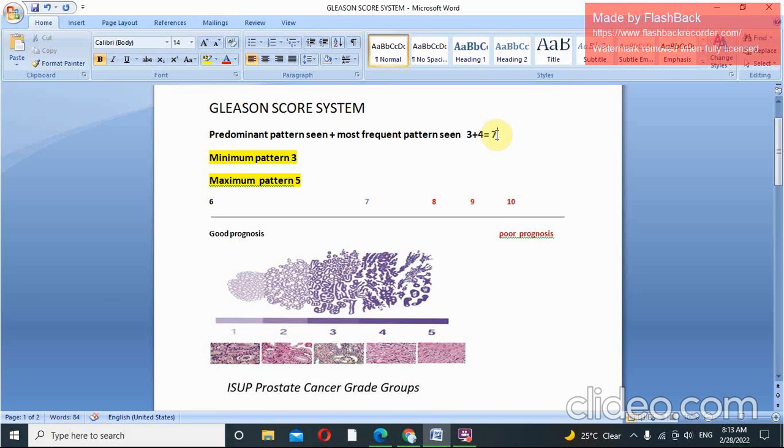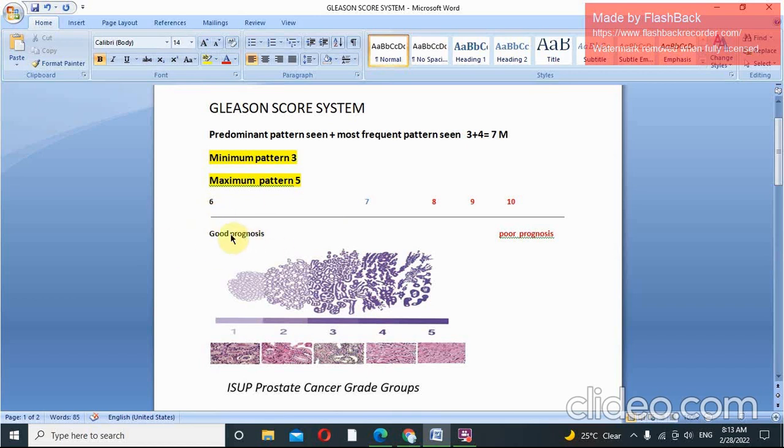So if the Gleason score is 7, this is a medium grade cancer. Okay, 7 is a medium grade. While if the Gleason score is 6, like 3 plus 3 is 6, then it is low grade cancer and there is a good prognosis.